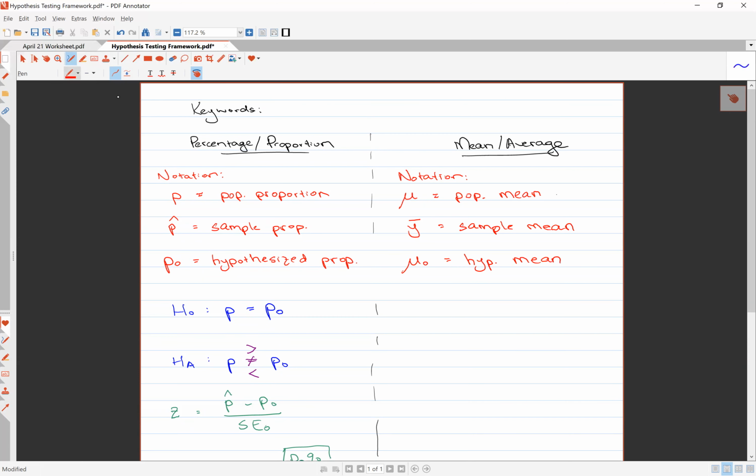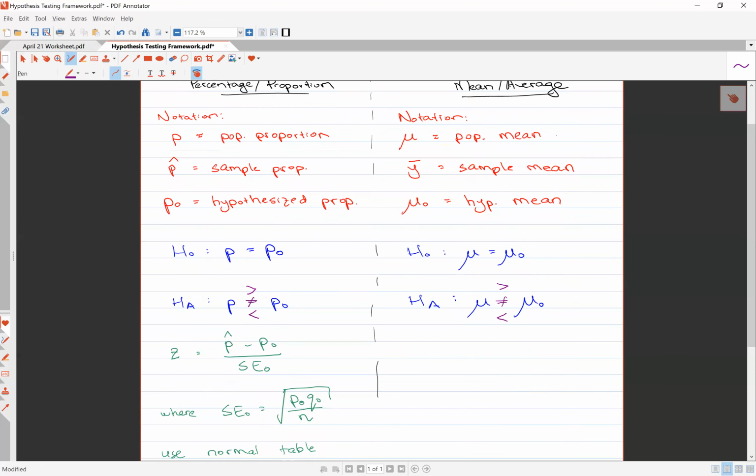So in this case, your null hypothesis will be that mu is equal to mu naught versus an alternative. And again, depending on how the question is formulated, it could be not equal to, it could be greater than, it could be less than.